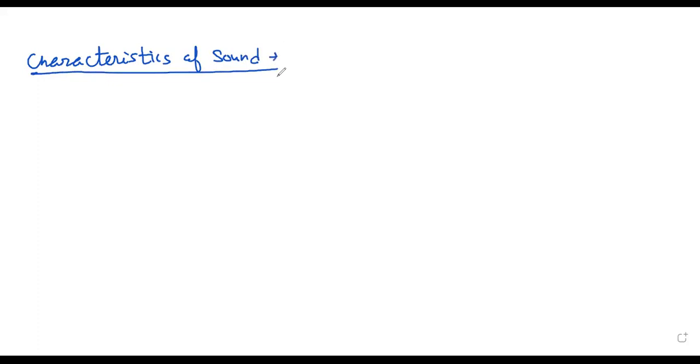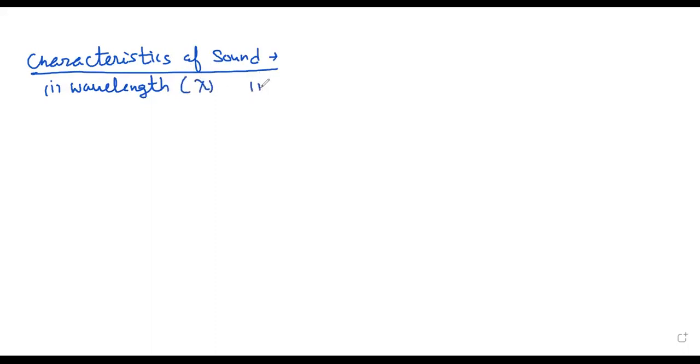Okay. Now the next is about important characteristics. Characteristics of sound. Let's see what the characteristics of sound are. I would like to first name those. One is wavelength, right? It is denoted by lambda.